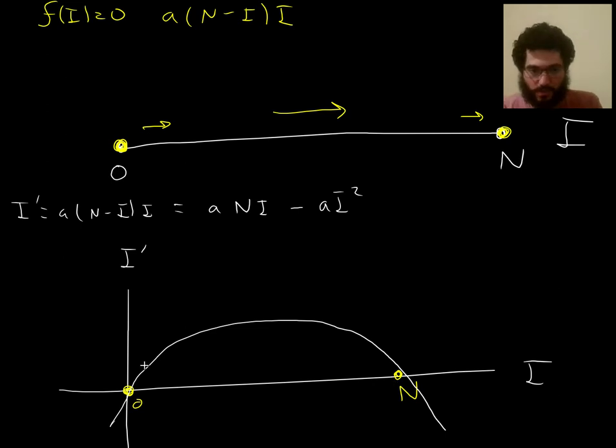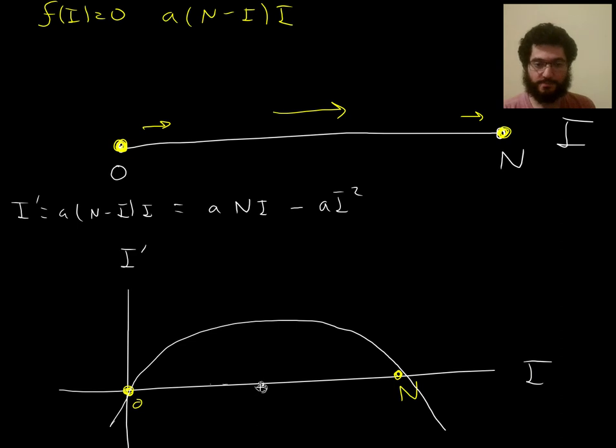And what this plot is telling us is for each number of infected people that you could possibly have, for each state that you could possibly have, just look up at this plot and you can read the rate of increase of the number of infected people. It's an increase since it's positive above the axis rather than below. So if there's just a few infected people, then the number of infected people increases kind of slowly, but it does increase. If there's a lot of infected people, then again, the number of infected increases kind of slowly.